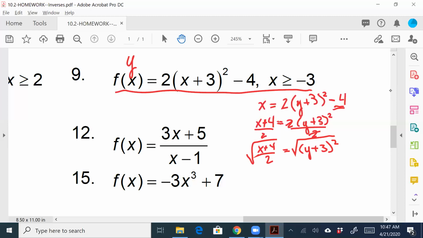When you take the square root, you take the positive or negative. We took the square root to get rid of the square here, so that leaves y plus 3. Minus 3. And we minus 3 both sides to get the y alone.